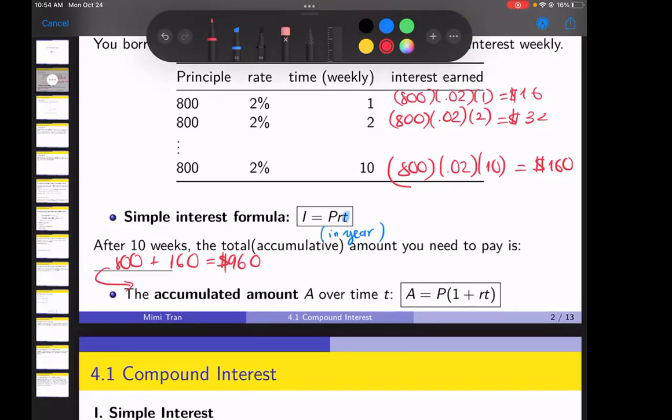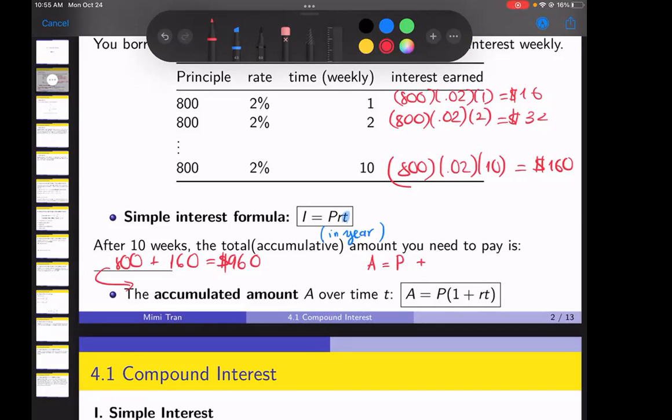So let me start out like this. A equals 800, which is the principal, P, right? What is 160? What letter represents that? Well, not R, not T, not P, so I, right?